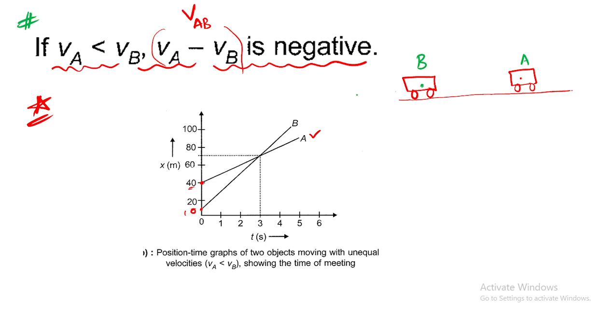Am I correct? VB is the velocity of B, and VA is the velocity of A. VA is going with some speed, VB is going with some speed. Now obviously VA is less than VB. Obviously B will cross over it, or not? Overtakes or not?